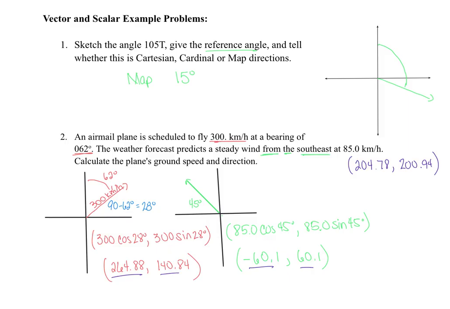My magnitude is going to be the square root of my x squared plus my y squared. So you need to do that with your x's and y's. So the magnitude, how fast this plane is actually going, you get 286.90, but yes, we need significant digits, specifically 3 significant digits, 287 kilometers per hour.